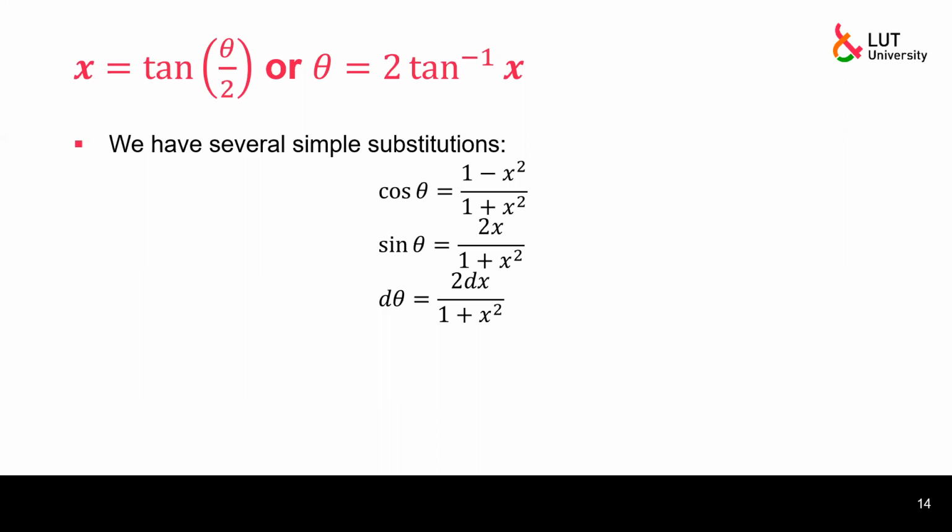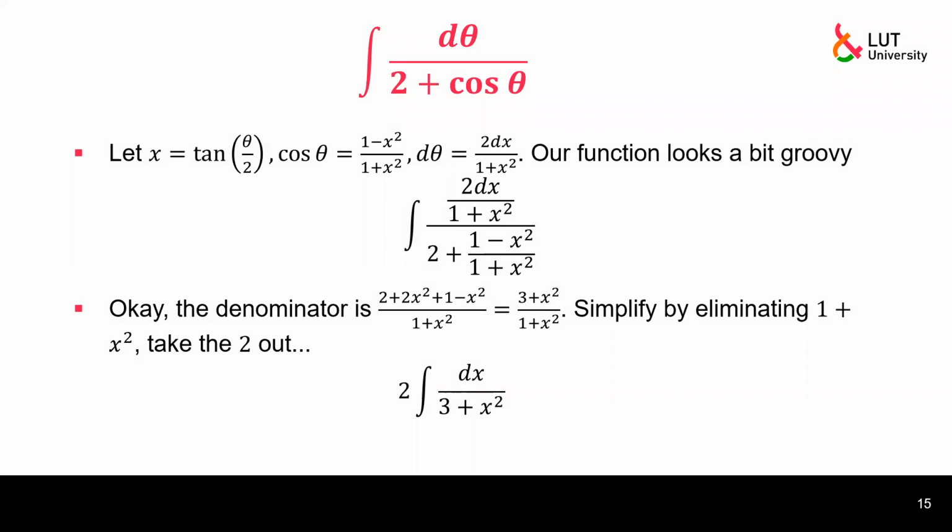So we have a quotient where we have 1 in the numerator and 2 plus cosine theta in the denominator, and we want to get rid of the cosine theta. Let's substitute x equals tangent of theta over 2, and then cosine theta becomes 1 minus x squared divided by 1 plus x squared, and our d theta becomes 2 dx over 1 plus x squared.